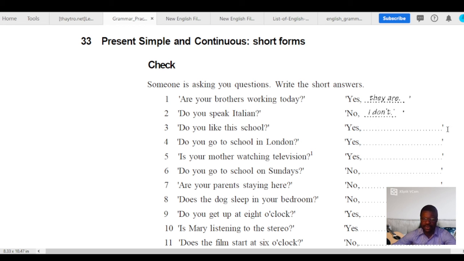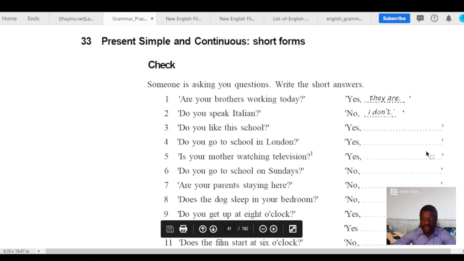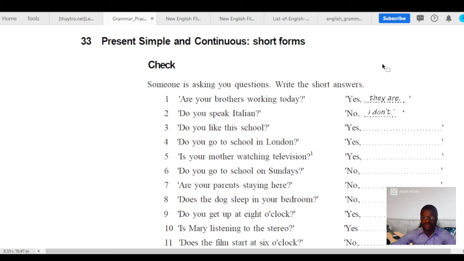Yes, I do. Do you go to school in London? Yes, I do. So you're going to take it from here all the way to the end. I'll be sending this across via a link. You can click on it, then follow the instructions. Then I'm going to check on the rebound.